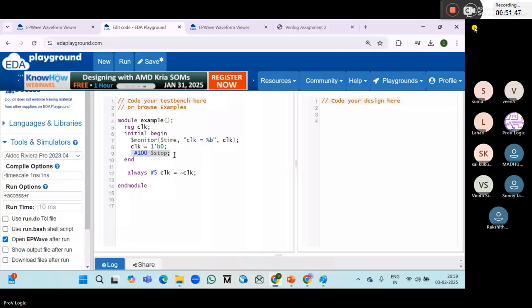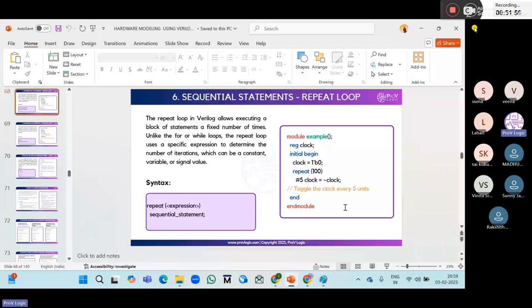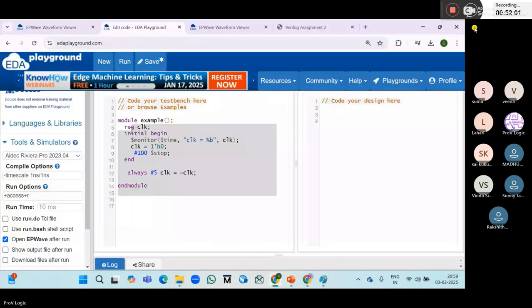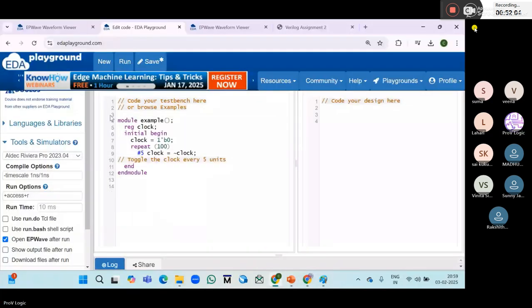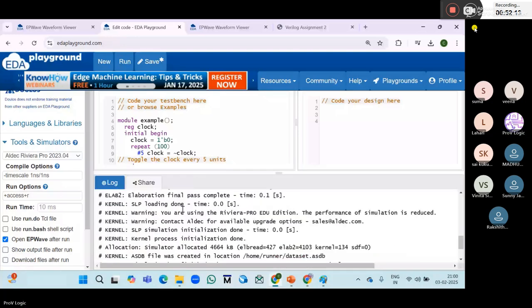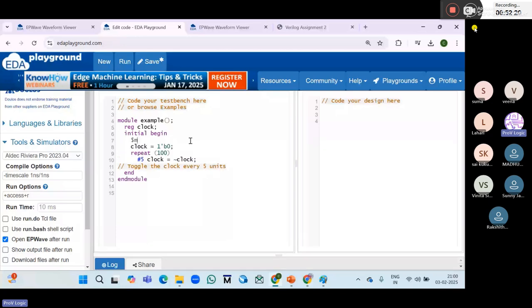And by using the repeat block, we need to write $monitor here also.